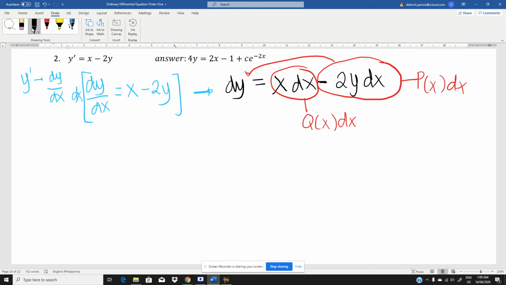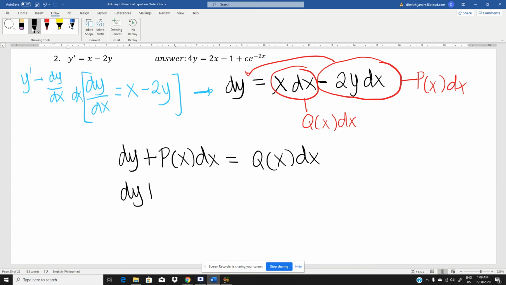So we will have dy plus p of x dx is equal to q of x dx. Substituting, we will have dy plus 2y dx is equal to what's retained on the right side, which is q of x dx, so x dx.